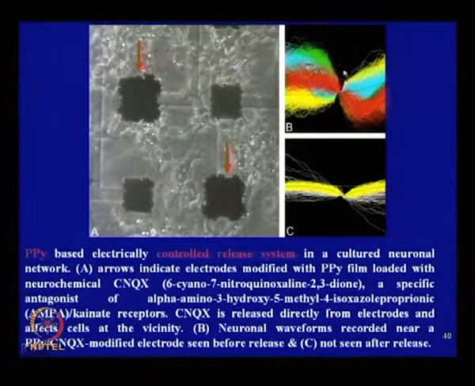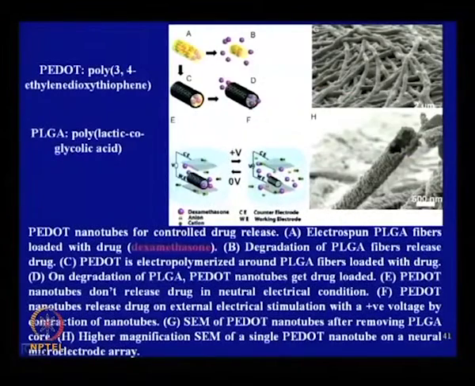Now, these are the neuronal waveforms recorded near a polypyrrole CNQX modified electrode, seen before release, after release, before release, after release. Okay. These waveforms have been recorded through this image. Okay. This is very interesting. Now, I tell you the essence of this.